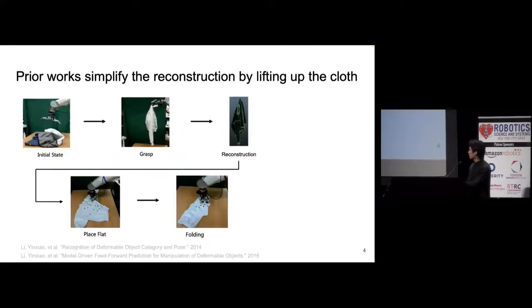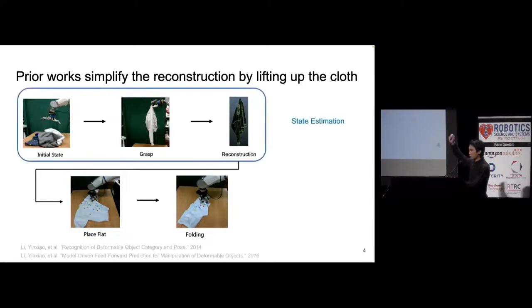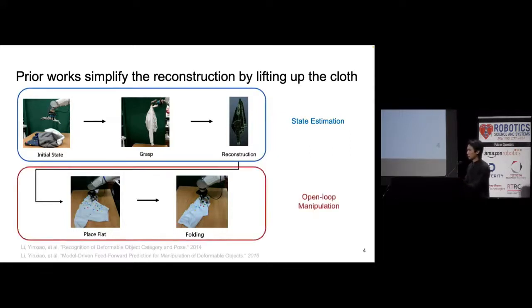In this work, they use the robot to lift up the cloth before the reconstruction, which can significantly reduce the amount of occlusion and the set of possible poses. However, one of the drawbacks of the system is that the cloth manipulation process is open loop and cannot receive visual feedback. This is because the state estimation system can only be used when the cloth is being lifted in the air.